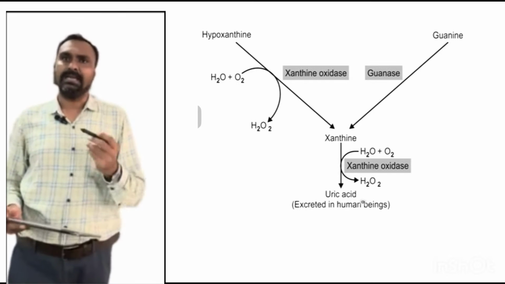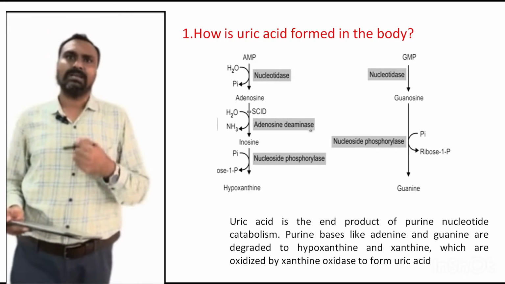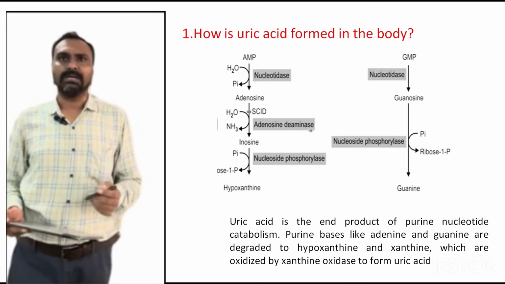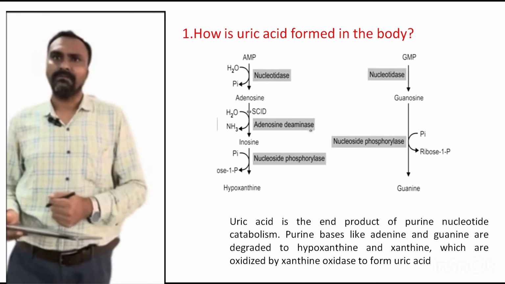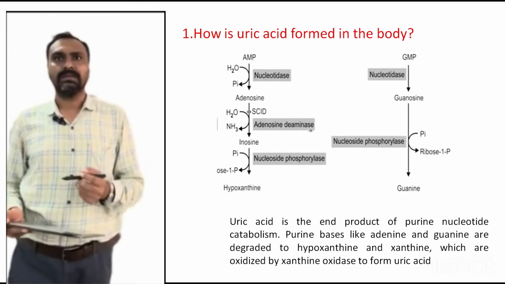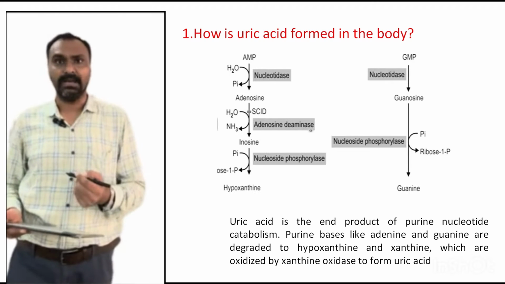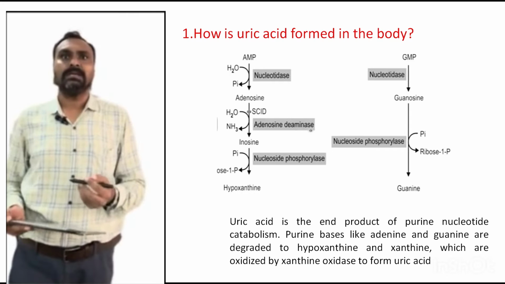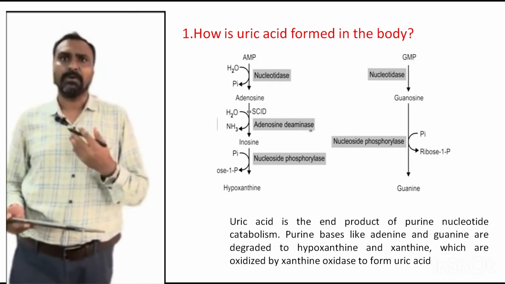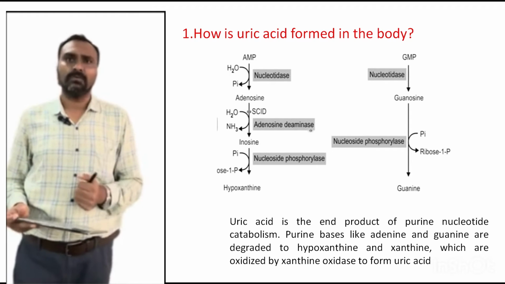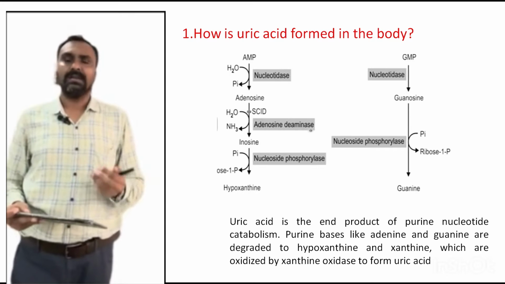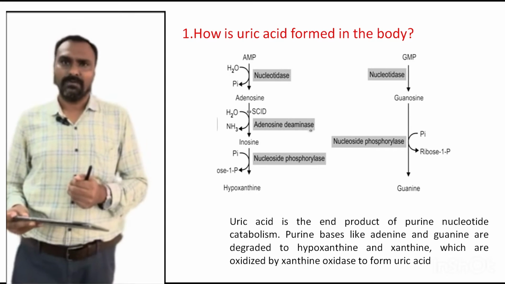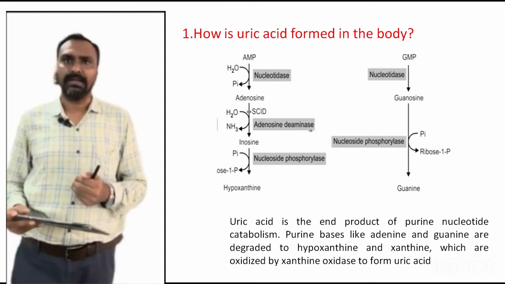You can see the AMP and GMP via the nucleosidase enzyme will be converted to adenosine and guanosine respectively. Adenosine with the help of adenosine deaminase enzyme is converted to inosine. Inosine is further converted to hypoxanthine with the help of nucleotide phosphorylase, while guanosine will be converted to guanine via nucleotide phosphorylase enzyme.